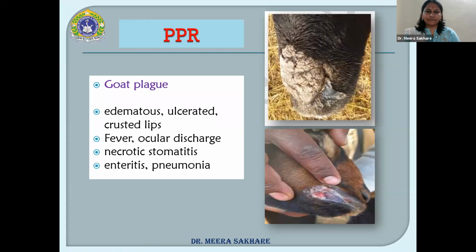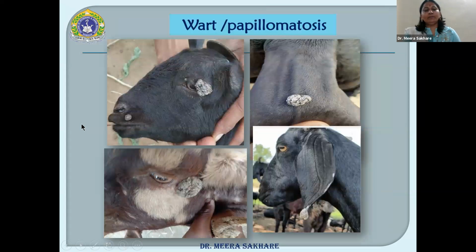Then sometimes in large animals, we frequently find warts or papillomatosis cases. But in sheep and goat, such a condition is comparatively less common. Whenever we diagnose such warts in these animals, the lesions are restricted to the head and neck region. In cattle, equine or canine, lesions can occur on the whole body of the animal.